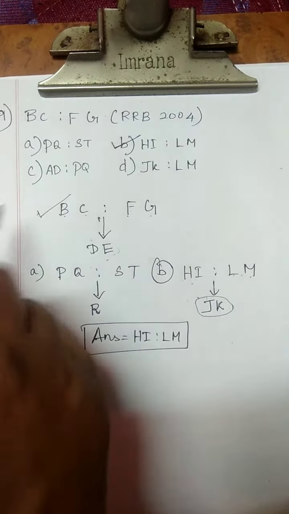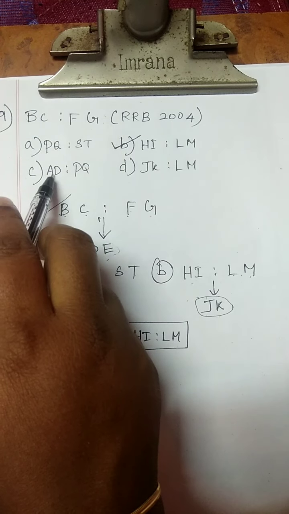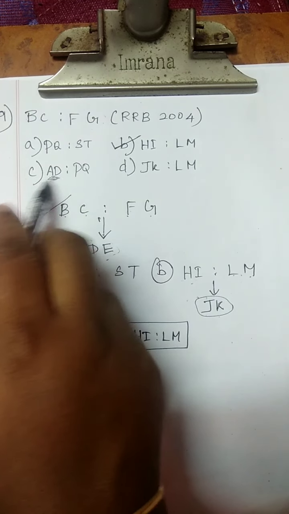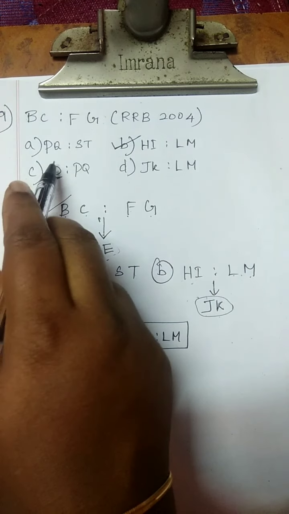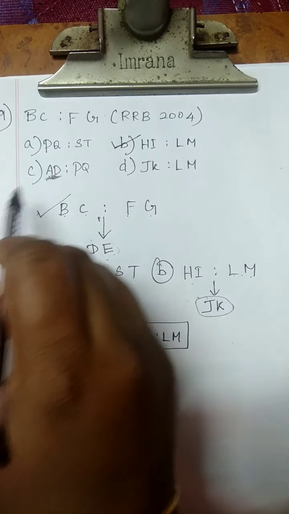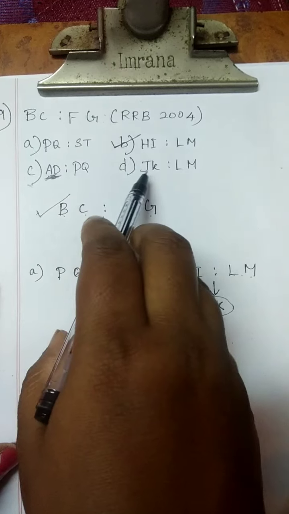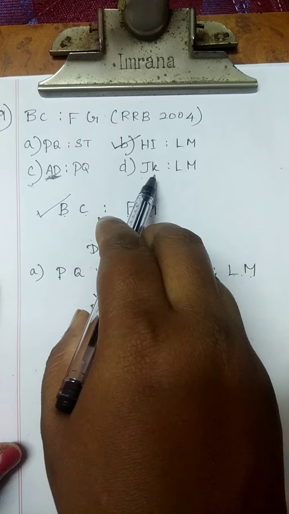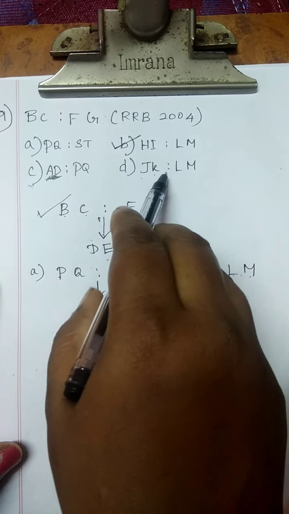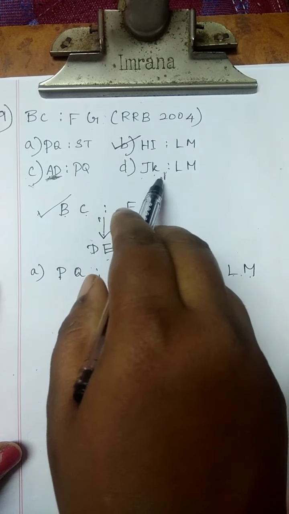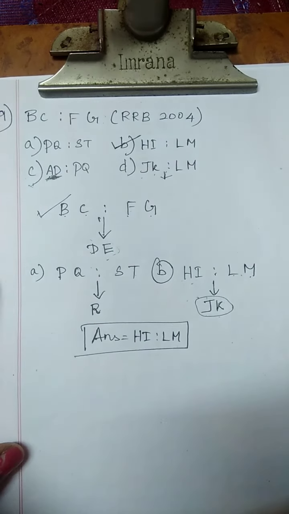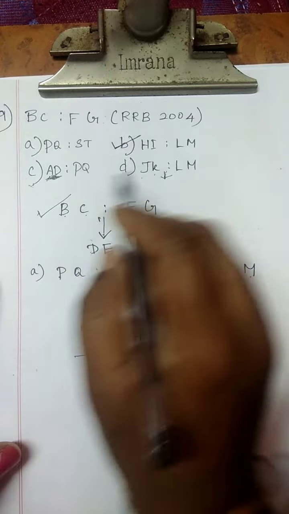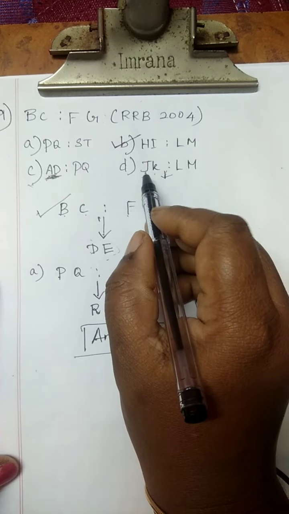If you check this A, B, C, here it's not in alphabetical order. After A it must be B, but here it's D, so this is not the answer. Here J, K, L, M: they have left no alphabets, no alphabets are present in the middle. It's already in alphabetical order.